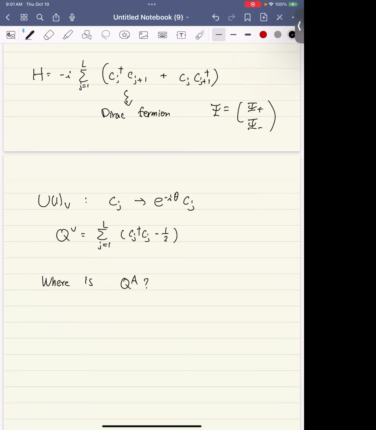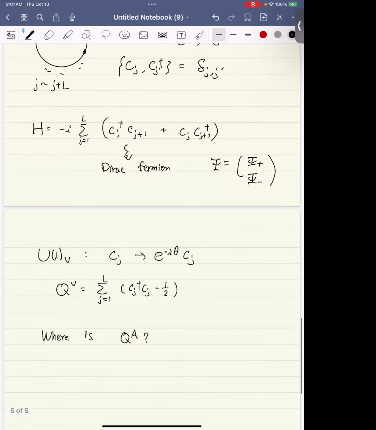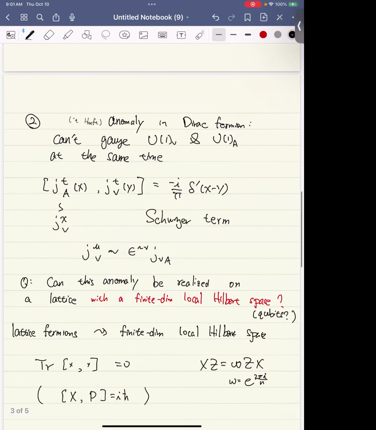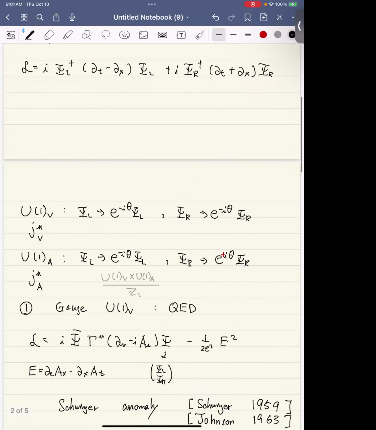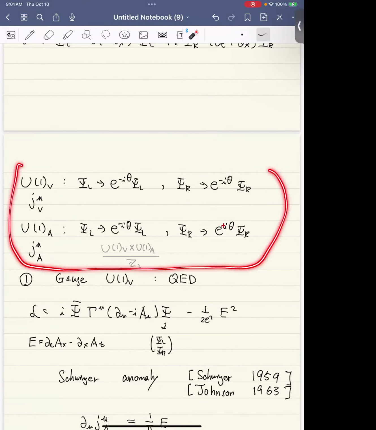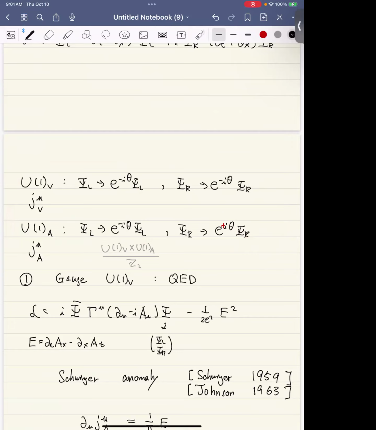Okay, to that end, let's go back to the continuum story. And I want to note one very simple fact. This is the way the vector and the axial symmetry act on the continuum fermions. Let me call the charge in the continuum by this calligraphic V. So we have a calligraphic Q_A, we have a calligraphic Q_V. Now, if you look at these two equations, you see that Q_A and Q_V are actually related by a unitary operator.